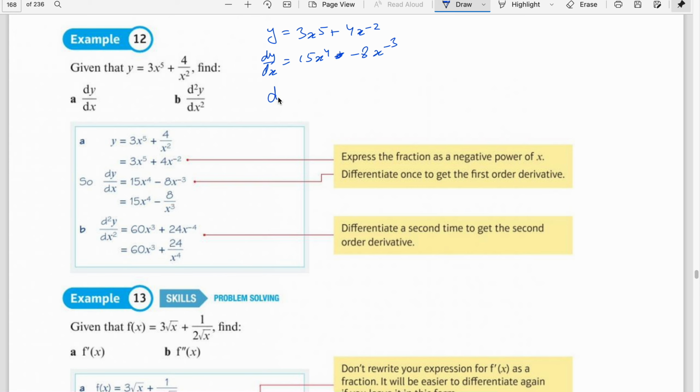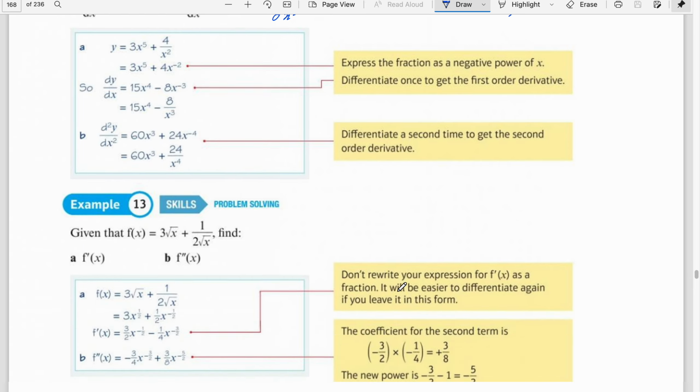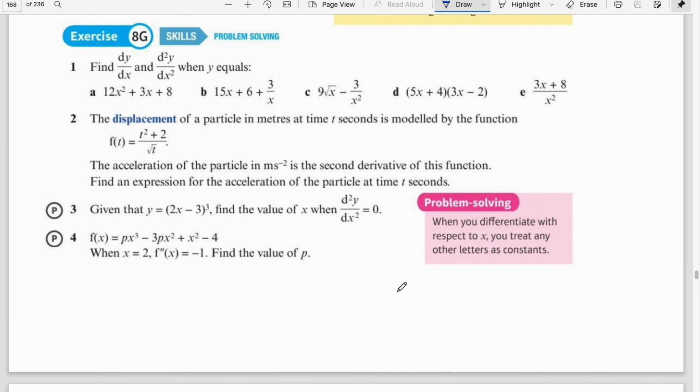This is the derivative, and double derivative is again this 15, 4 times is 60x^3, minus minus plus 24x minus 4. And when you need to simplify, you may write it like this, and 60x cube plus 24 over x^4. So same derivative and double derivative.